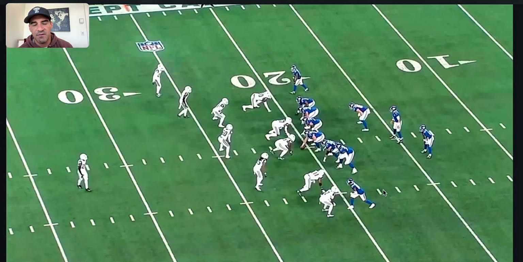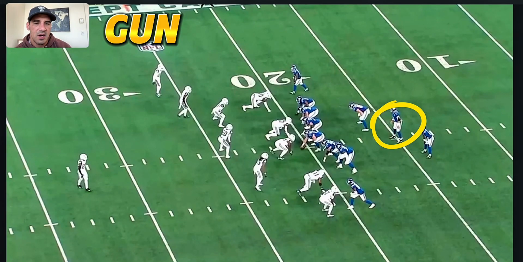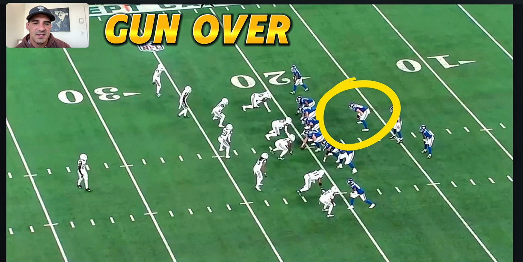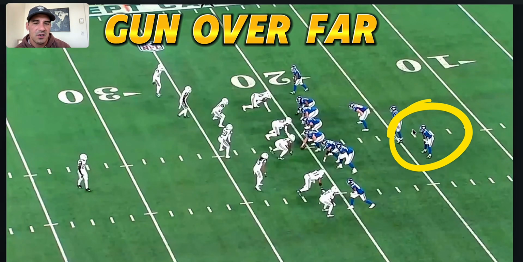Backfield set is separate from formation. The backfield set in this case is gun because the quarterback's in shotgun. We name the quarterback's position first, so that's gun. Then the fullback, in this case, the tight end, who is a fullback, is over because he's offset to the tight end. The tailback is offset away, so he's far. So this would be gun over far.